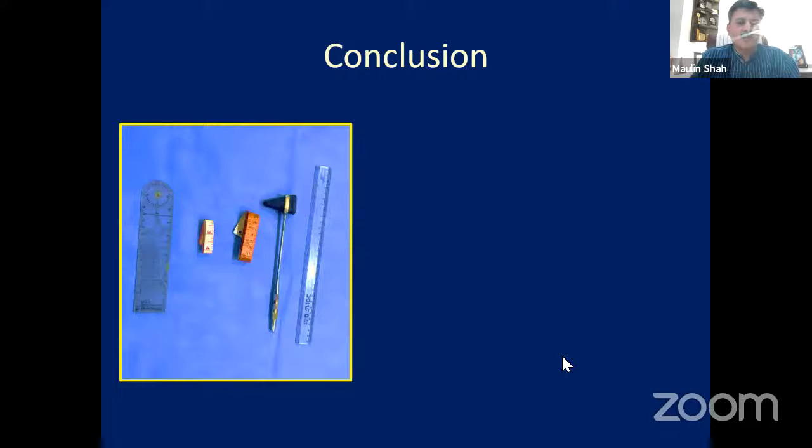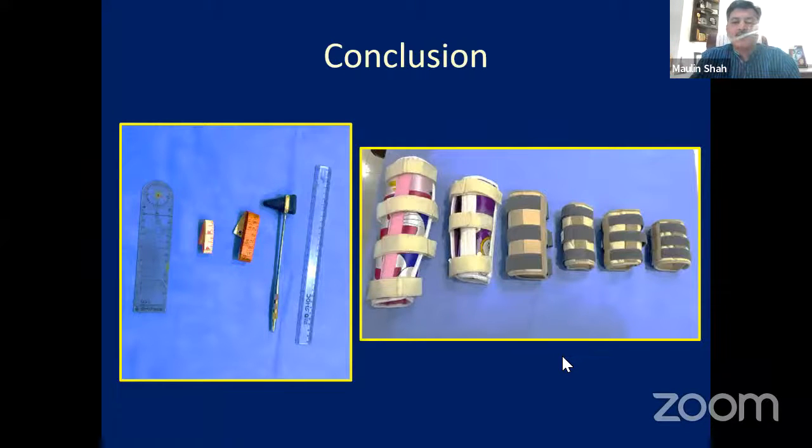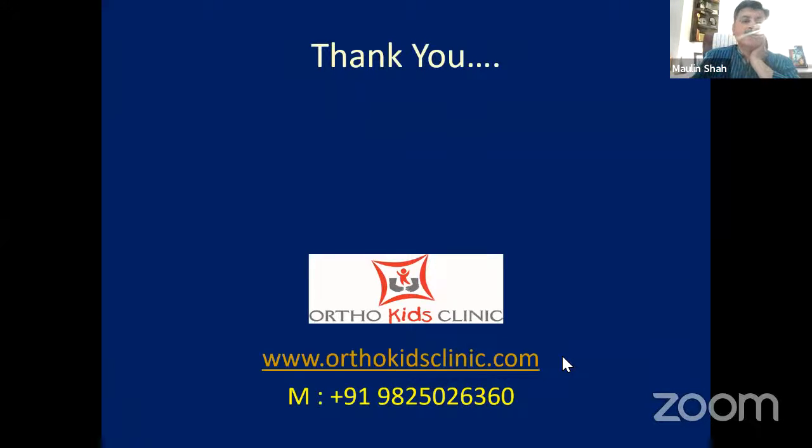We pediatric orthopedicians and physiotherapists all have these tools in our examination kit, but now we have to have all the sizes of these paddy wraps or elbow block test splints in our clinic setup if you are dealing with brachial plexus children, because for every 5 or 6 patients you will find one such patient, so you have to test their elevation when the elbow is constrained with an elbow flexion splint. So thank you very much for your kind attention.